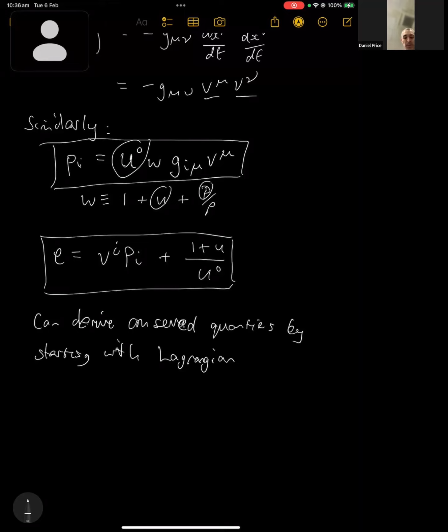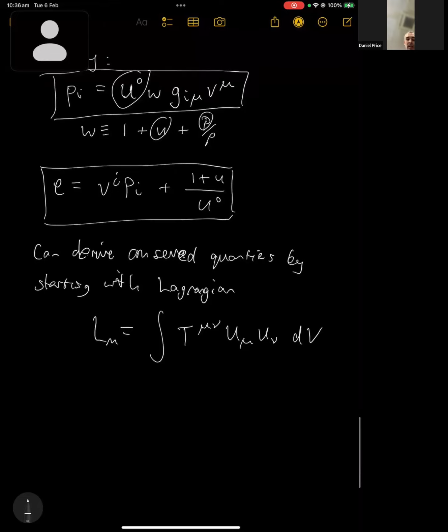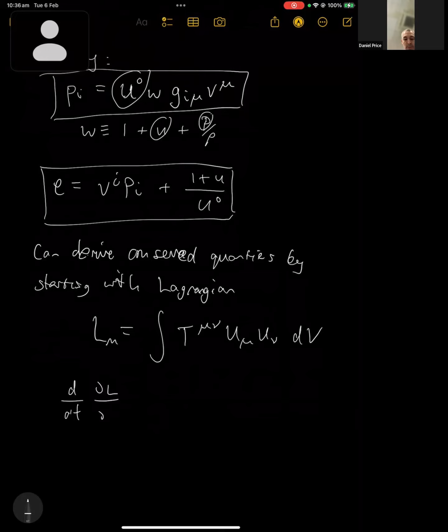Some of you will know what a Lagrangian is, some of you won't. The Lagrangian for deriving the fluid equations in GR is this expression, T mu nu U mu U nu dV. And the way you derive equations from a Lagrangian is you say d/dt of dL/dv^i equals dL/dx^i.